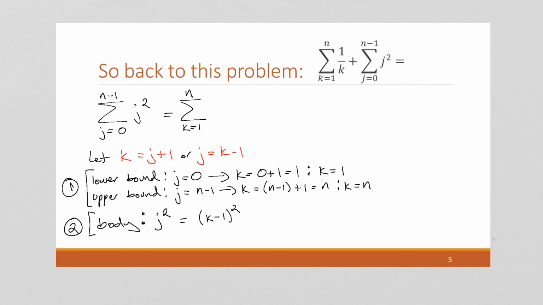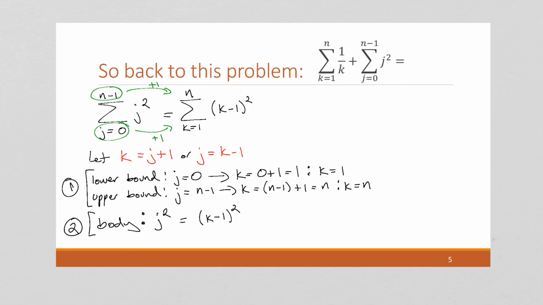So we can put that back in here. It's k minus 1 squared. And we can do a quick check. Here in the lower bound, we added 1 to get to our lower bound there. In our upper bound, we added 1 to get to our upper bound there.